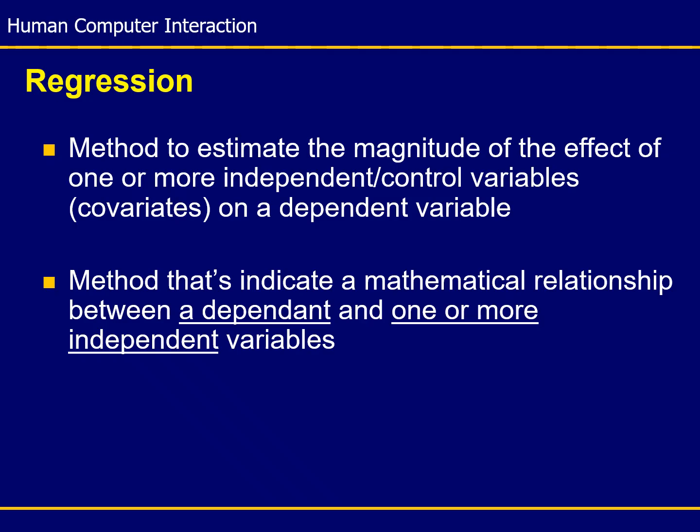It's a method that indicates a mathematical relationship between a dependent and one or more independent variables, okay? If that relationship cannot be found, the R is going to be 0, okay? There is no relation between what has been measured and what has been manipulated. But if there is a relation, the R will not be 0, it will be something else. It will vary from -1 to 1.